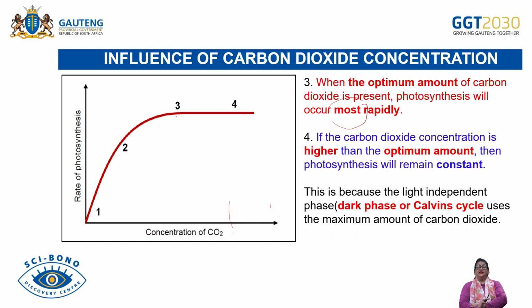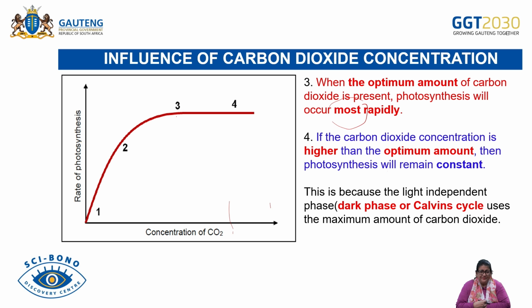So learners, just to recap again, do you remember when your teacher first spoke to you about photosynthesis and you did an equation? What are the raw materials for photosynthesis and what are the products? And then, which of the raw materials are used in 2 phases? Do you remember the phases of photosynthesis, learners?